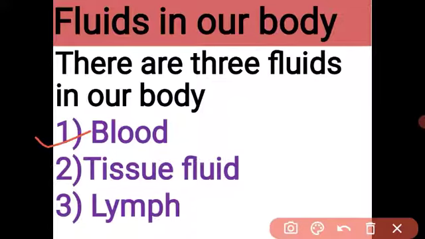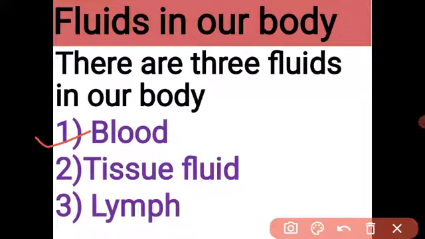You know, blood is a red color. Blood is a fluid. Fluid means liquid which can flow from one place to another place. So we say the blood is never stationary, it is always in motion. Understood?